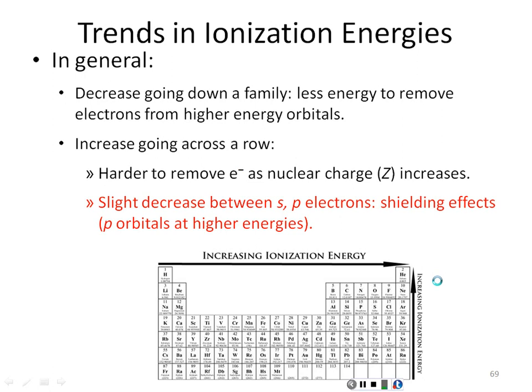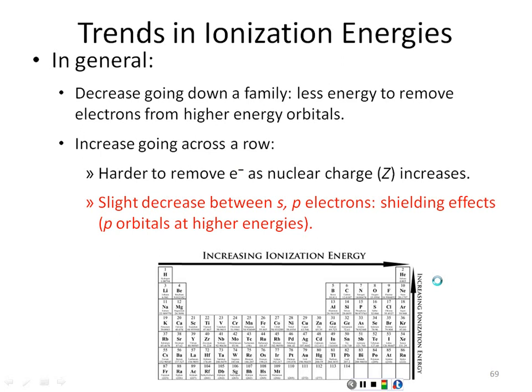The smaller the atom gets, the more it hangs on to its electrons. The larger an atom gets, the more shielding there is, the less tightly it's holding on to those valence electrons.